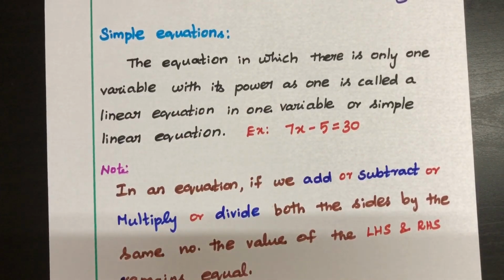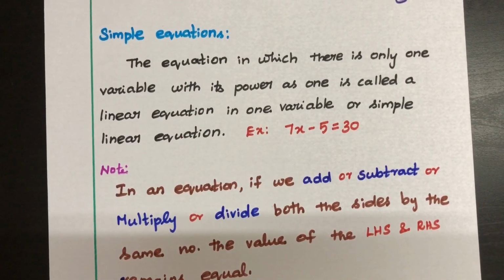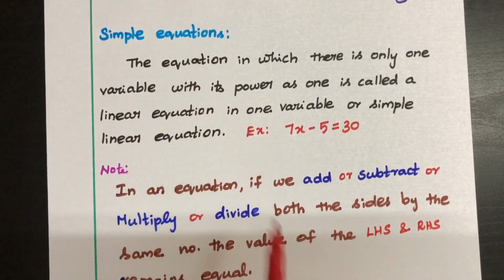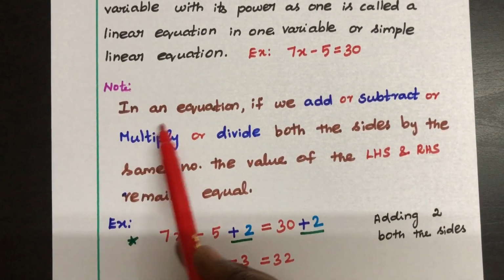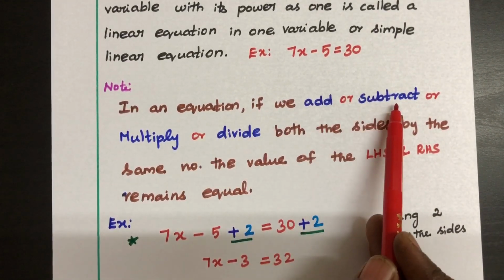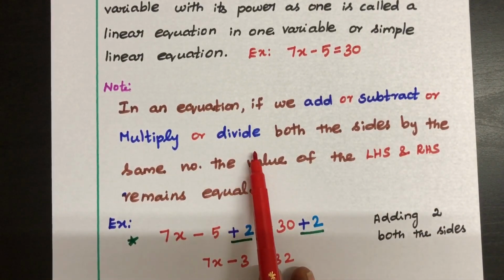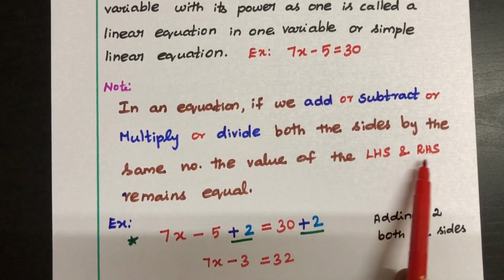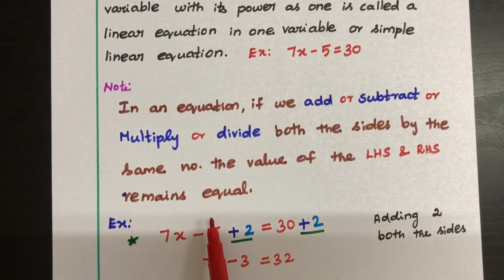Simple equation means, have it in mind, it is an equation with one variable, and the power is 1. Only one variable with power 1 is nothing but a simple equation. Note, in an equation, if we add or subtract or multiply or divide both the sides by the same number, the value of the LHS and RHS remains equal.